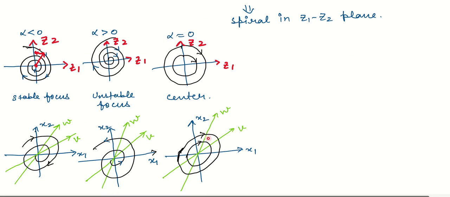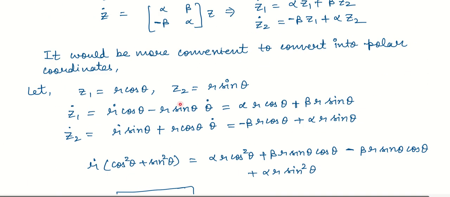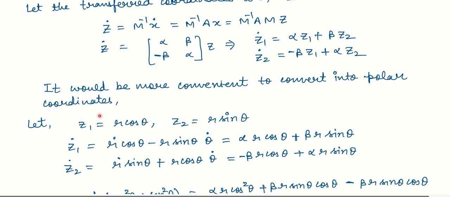Now, we are interested in how the picture will look in the actual coordinate frame. The actual coordinate frame is x1 and x2, because I hope you can recall that we converted from x1, x2 to z1, z2.